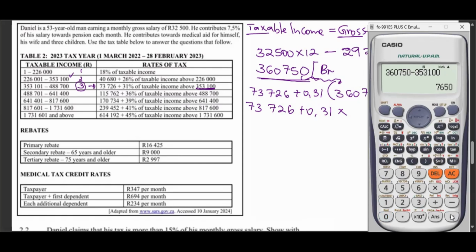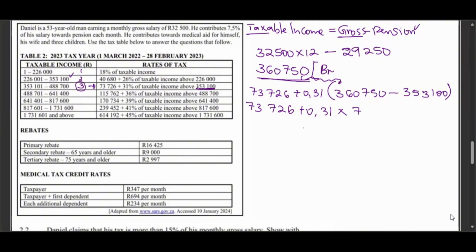That's what I wanted. So I bring the answer that I've got and put it here.